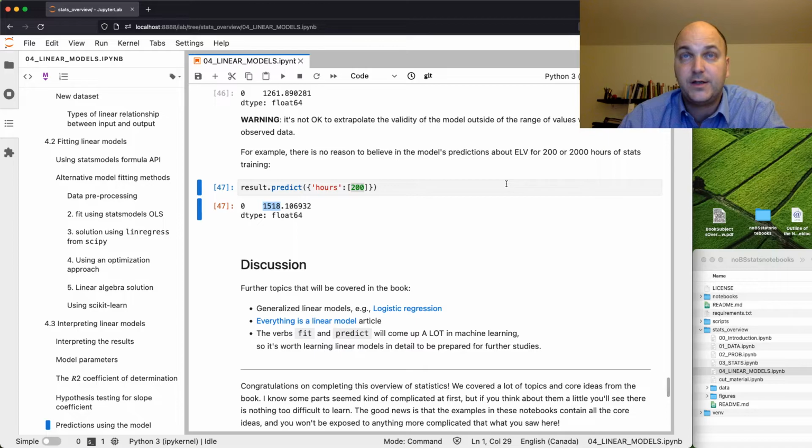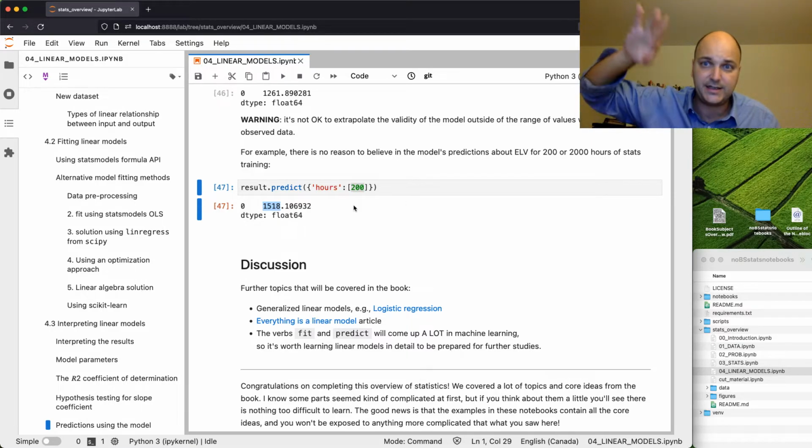Okay, so that's it. This was a quick intro on a very important topic, but we already saw a lot of other topics, so let's not make it any longer. In the book, we'll talk not just about linear models, but about generalization. So instead of a linear relation between inputs and outputs, we can talk about logistic regression, which is adding a non-linearity.